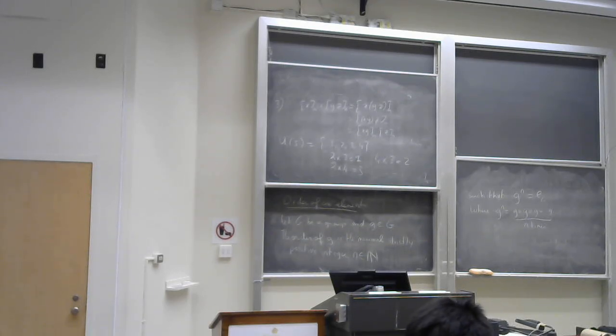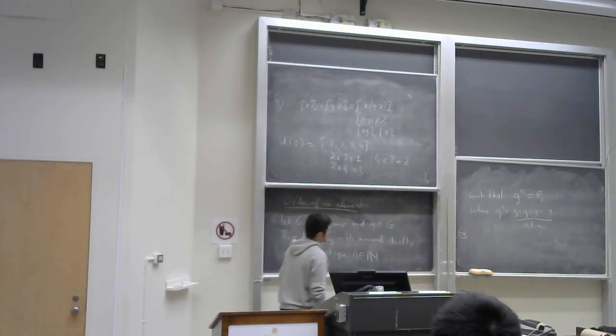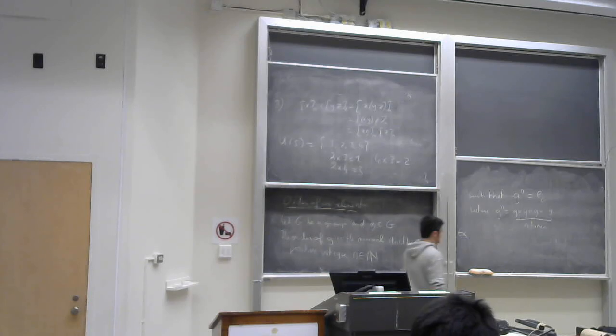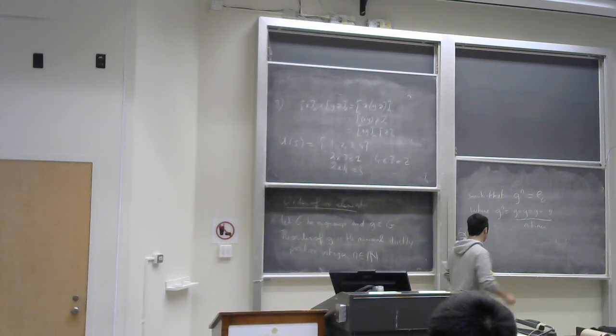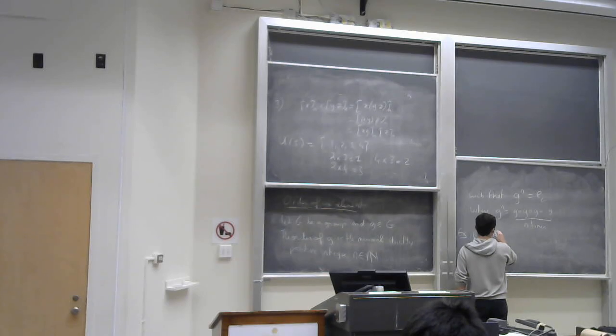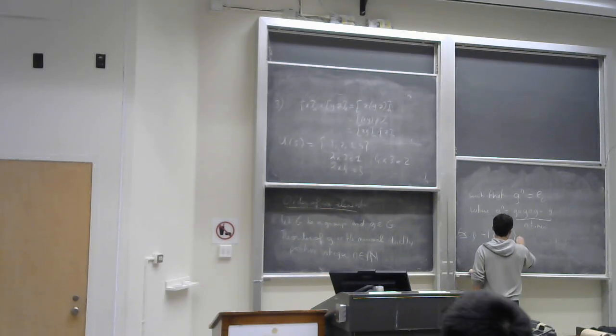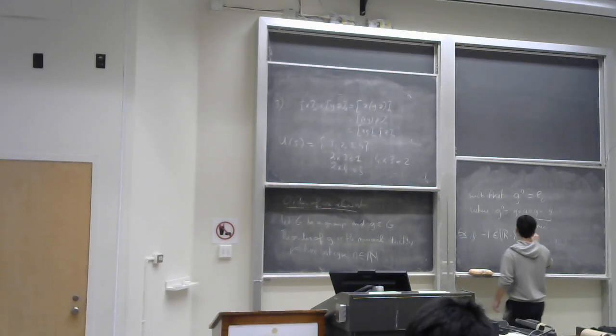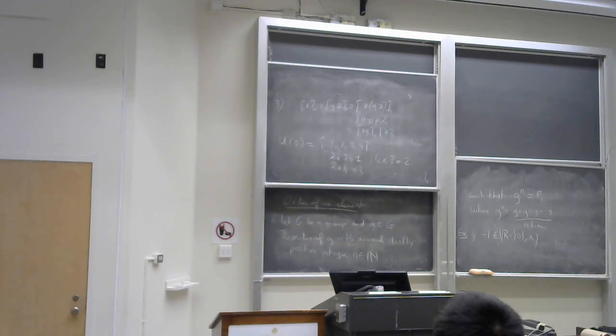So let's take an example. Let's use a group under multiplication. For example, -1 in R minus 0 under multiplication. How many times do you need to multiply -1 by itself to get 1, to get the identity element?